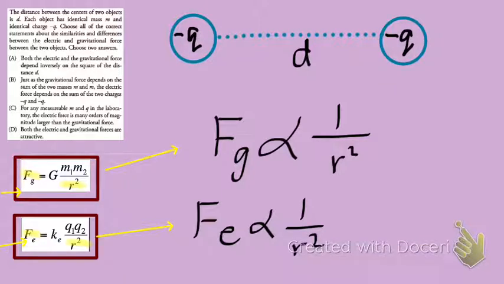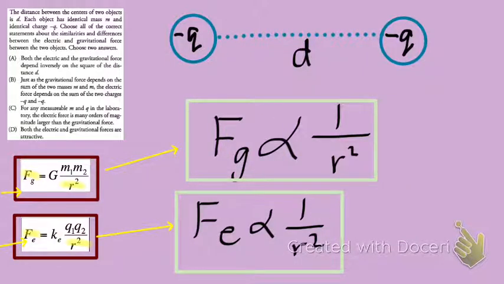So yeah, we can see that in both of these cases, the force depends inversely on the square of the distance d. So we know that A is right.